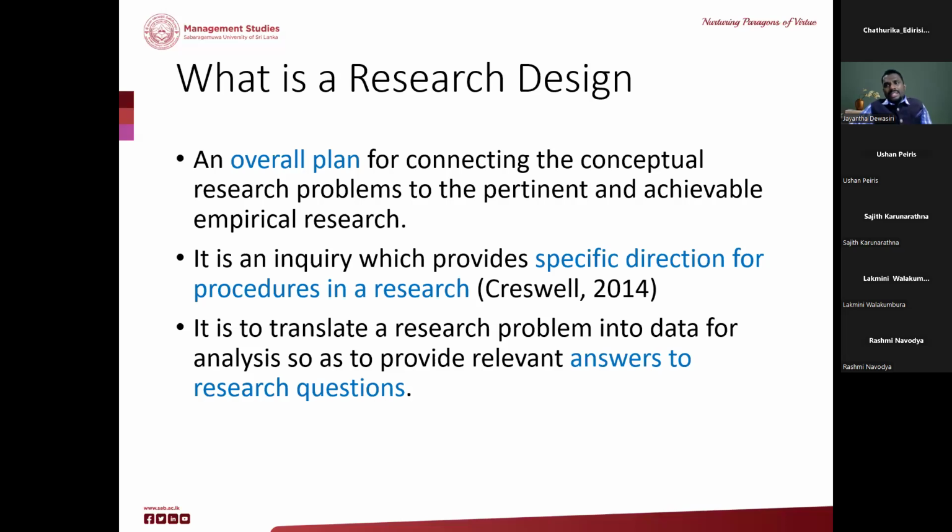Research design is the overall plan to connect the conceptual research problem to pertinent and achievable empirical research. For example, assume that you are going on an annual trip. You will have an overall plan.